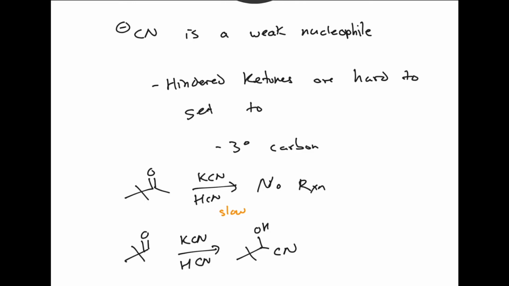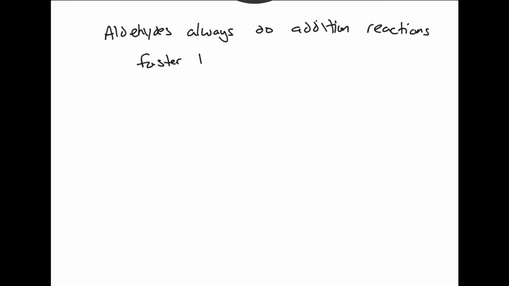That makes sense? Okay. So we talked about this before, and we can generalize and say that for any of these addition reactions, aldehydes always do addition reactions faster than ketones.